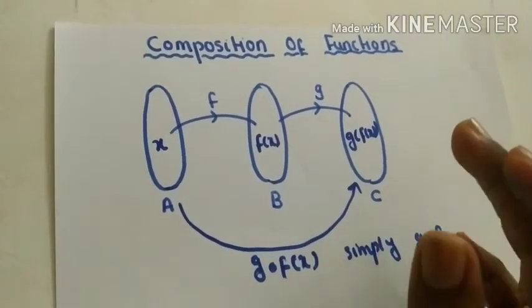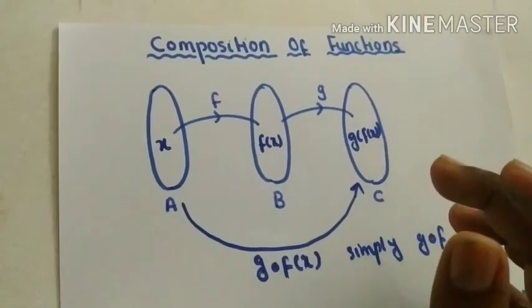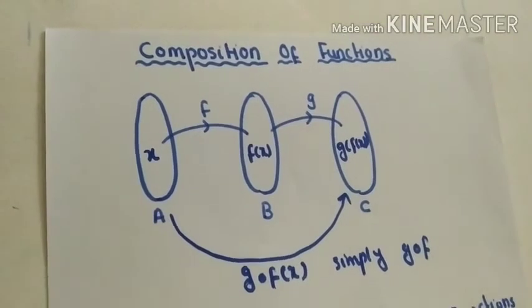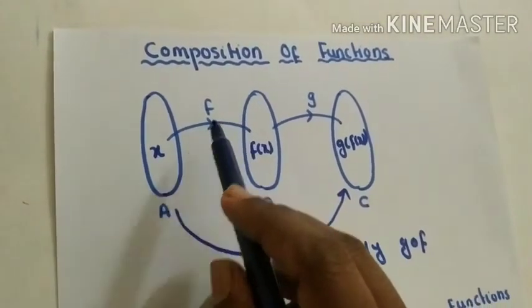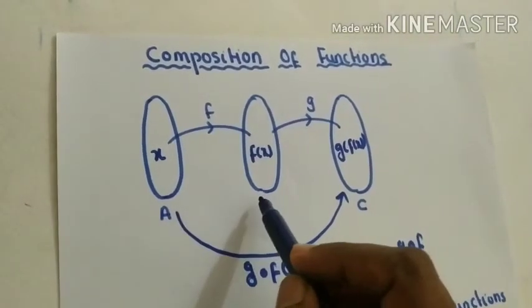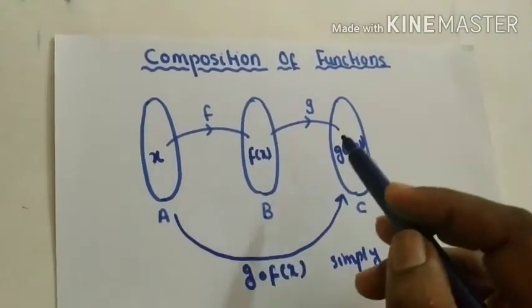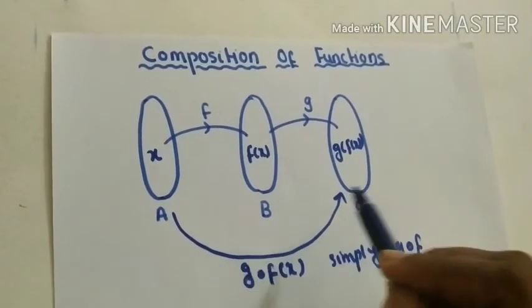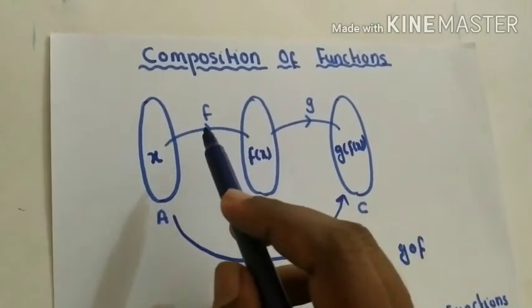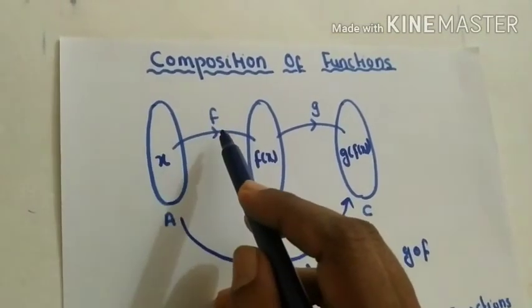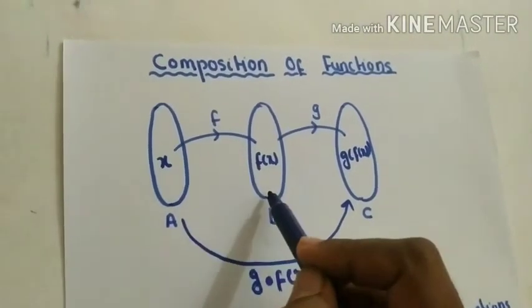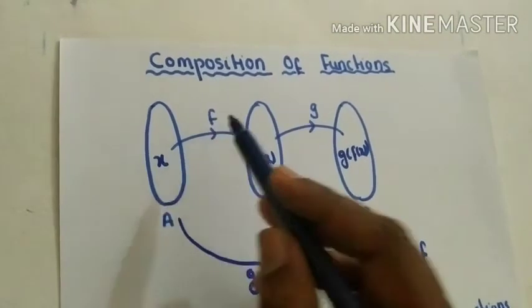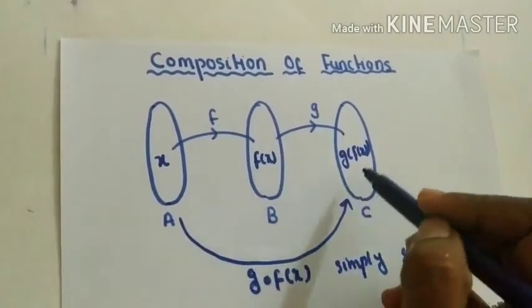There are two very important points to remember. The first point is, f is a function from A to B and g is a function from B to C. First consider our first function f. This is our domain and this is the range of function f. And let us consider the function g.